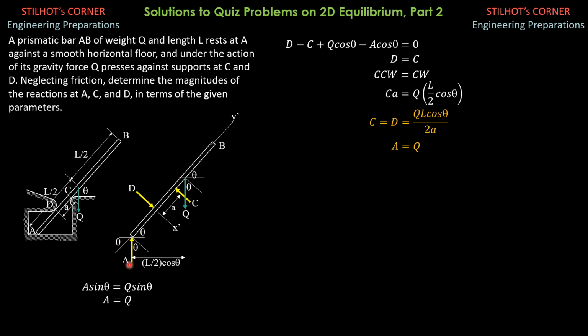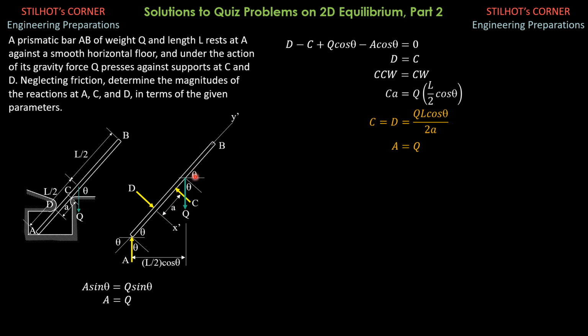I'll call the reaction A. Then at C and D, perpendicular to the axis of the bar, the contact surfaces are smooth, so we have C and D. So this is the FBD.